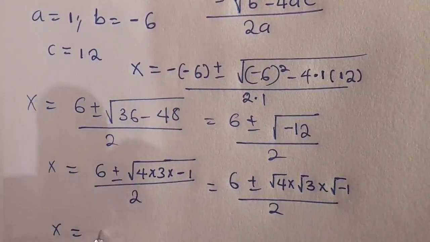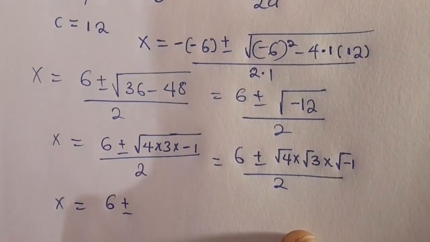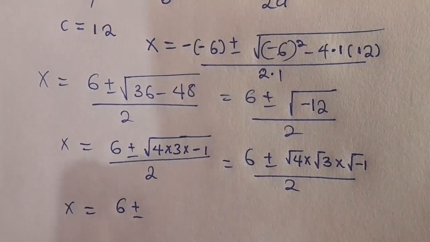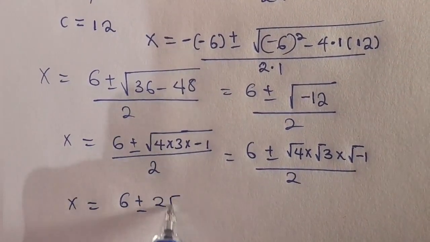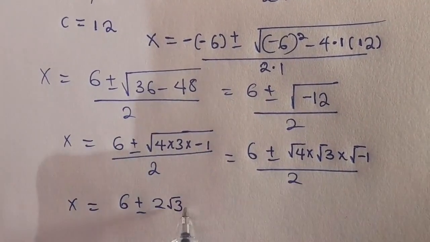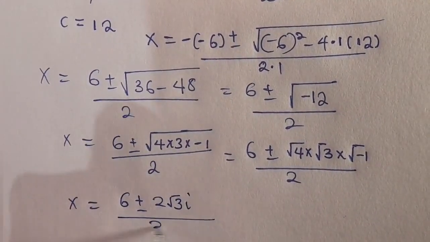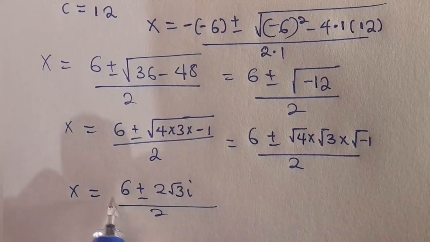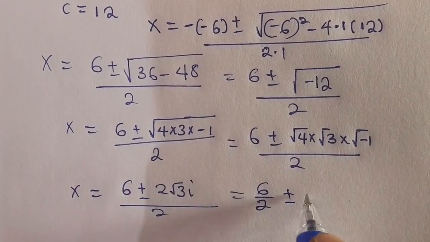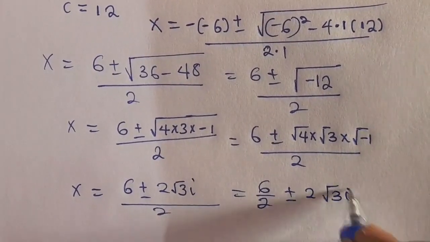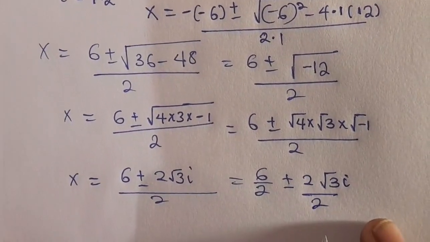x will be 6 positive or negative root 4, which equals 2, root 3, root of minus 1 is i, then all divided by 2. Now let's distribute this: 6 divided by 2, positive or negative 2 root 3 i divided by 2.